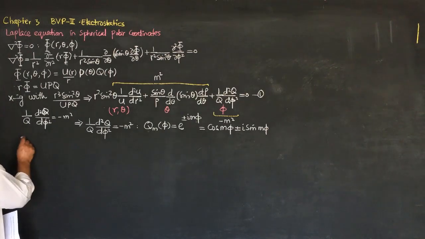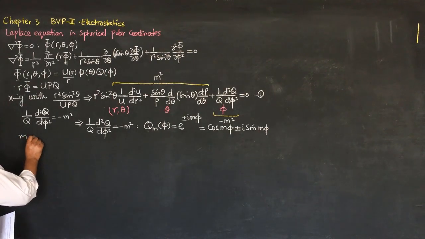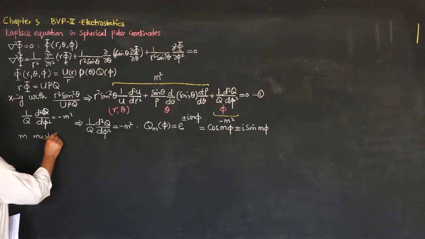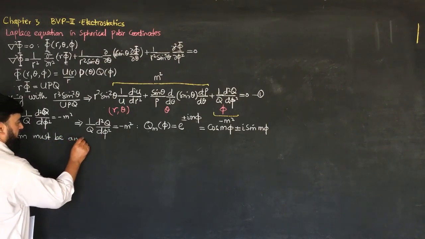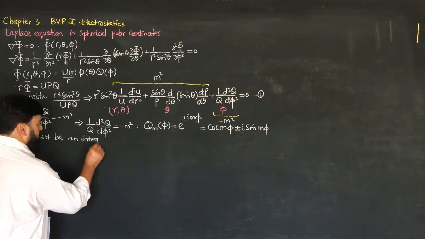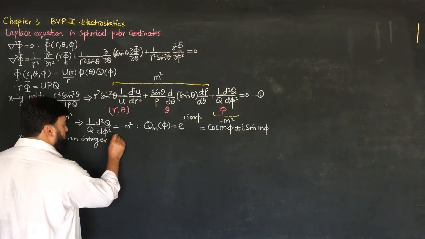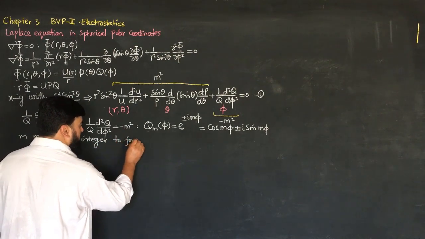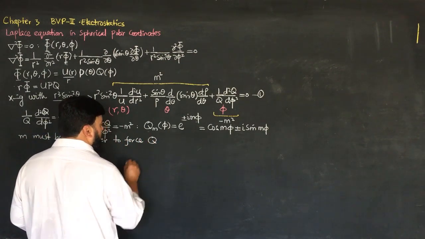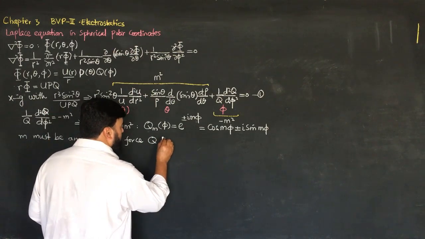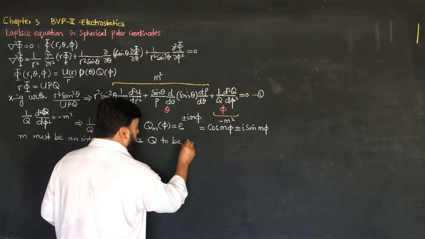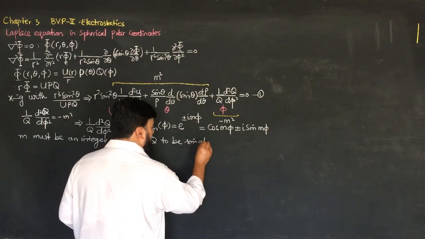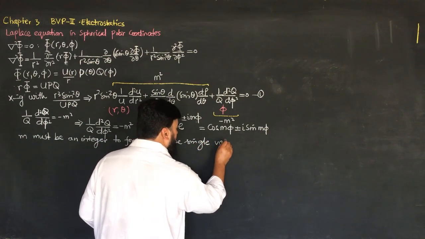So m must be an integer to force q, which is potential, to be single valued.